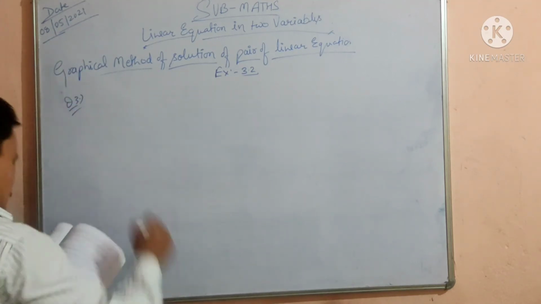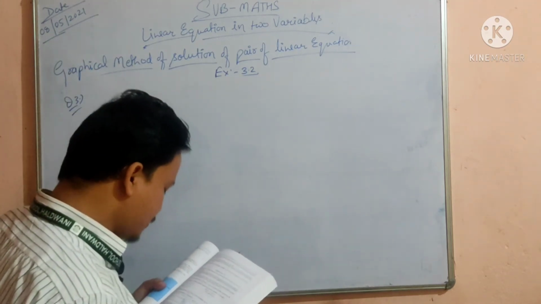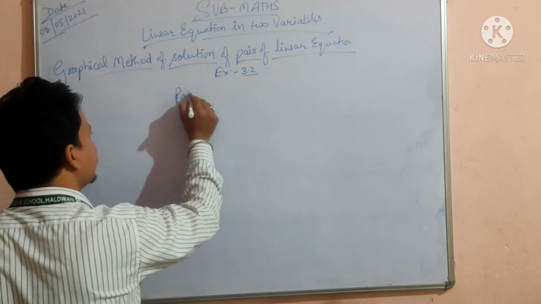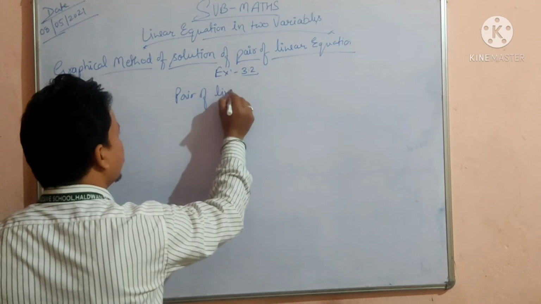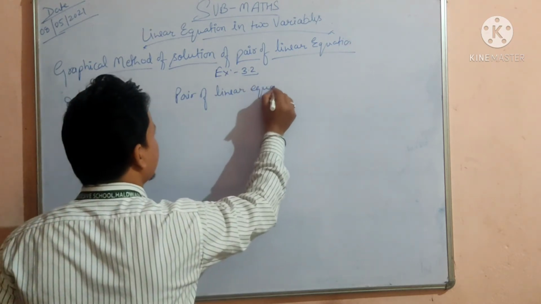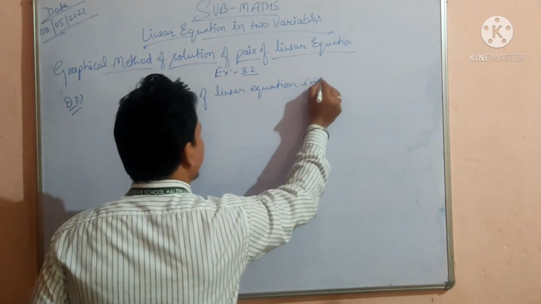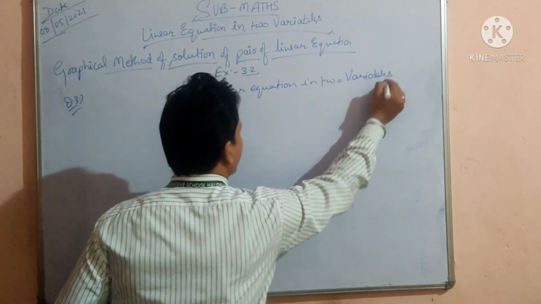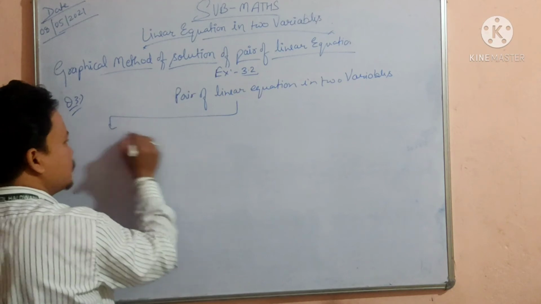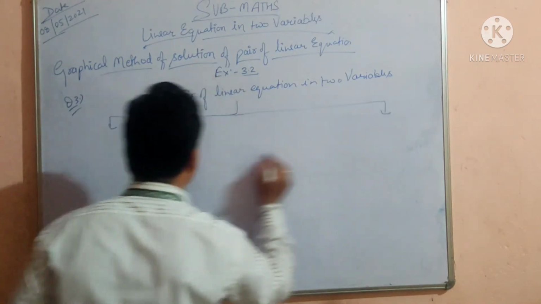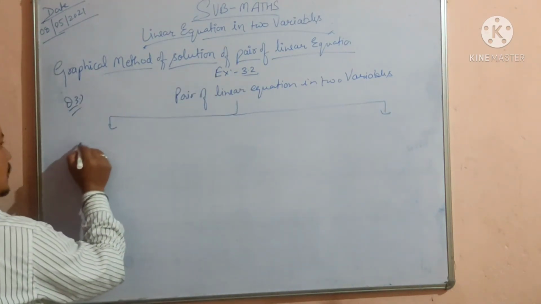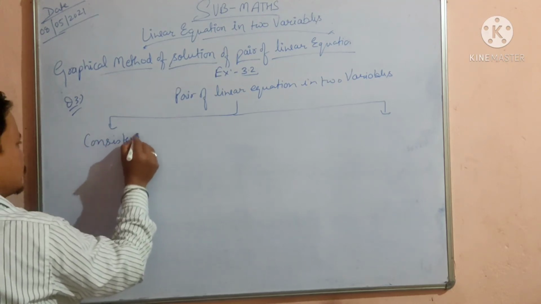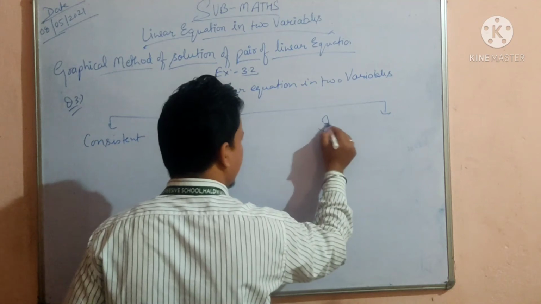Now question number 3, on comparing the ratios. अच्छा एक चीज मैं आपको क्लियर कर दूं, ठीक है? A pair of linear equations in two variables, we are separating it into two parts. The first is consistent, and the second one is inconsistent.